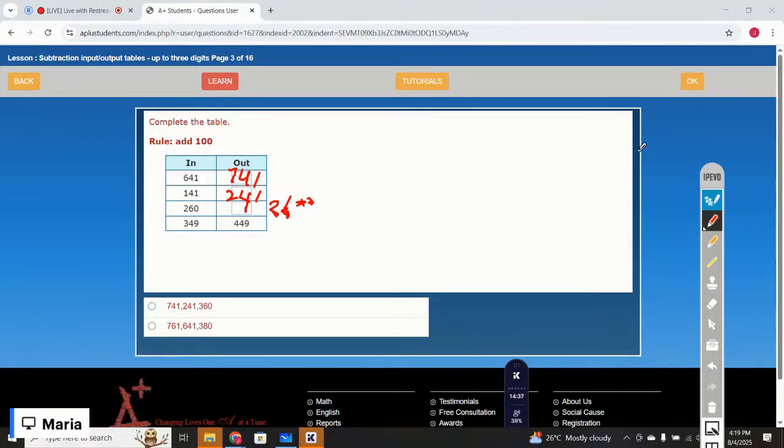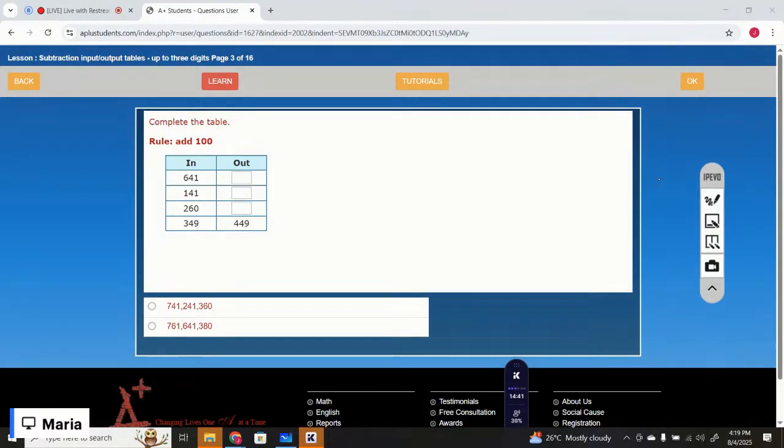Option number 1 is the correct option. That is 741, 241 and 360.